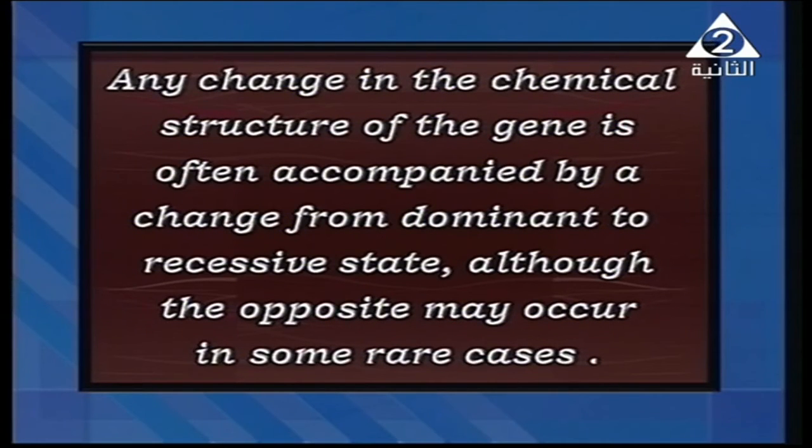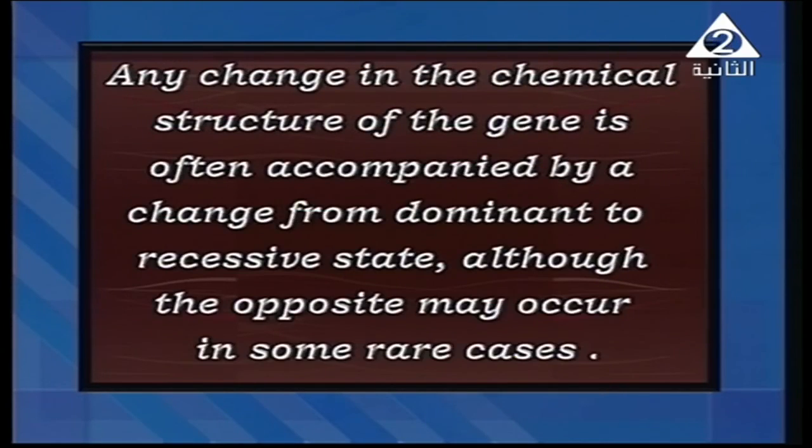Dominant, I mean the controllable one, the main one, the most common one, to the recessive one, the most retreated trait. Although the opposite may occur in some rare cases, not the most common. And any change in the chemical structure, as we said, necessarily accompanies the change from dominant to recessive.